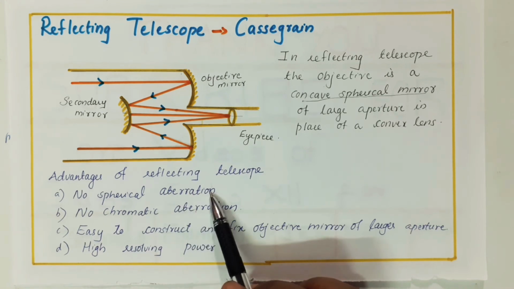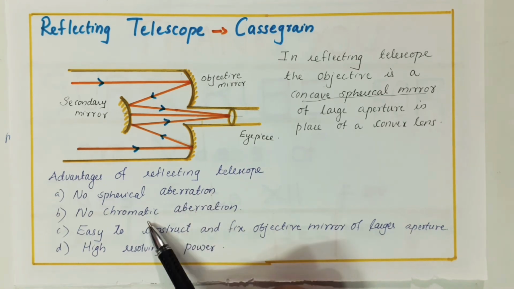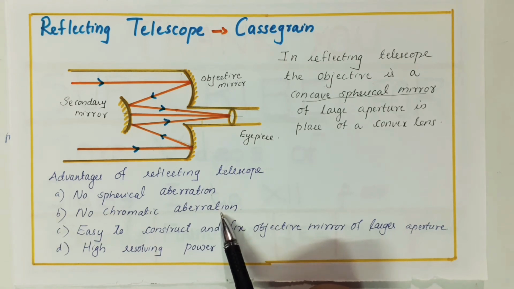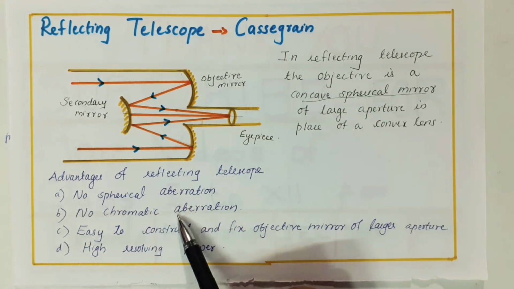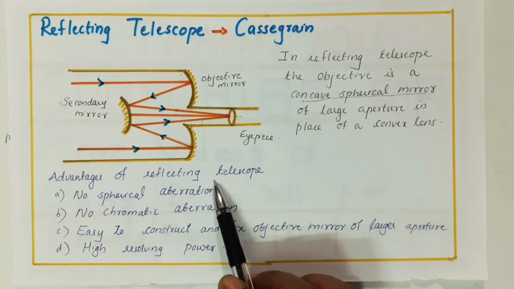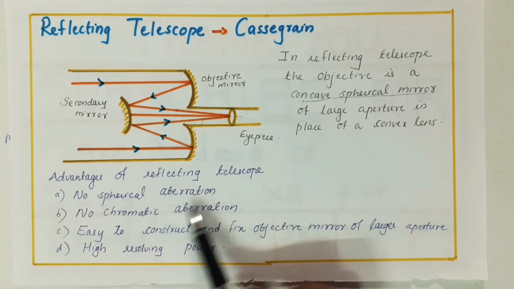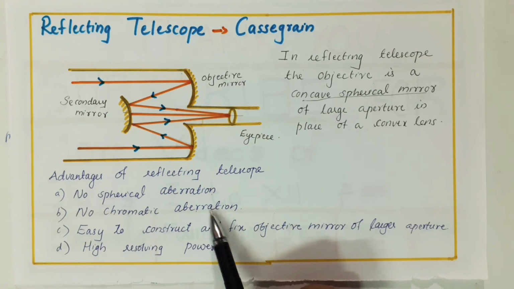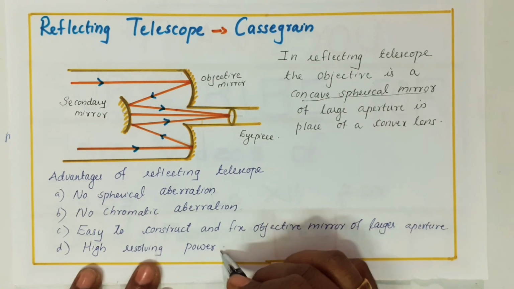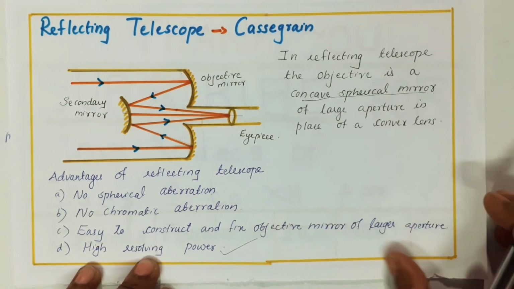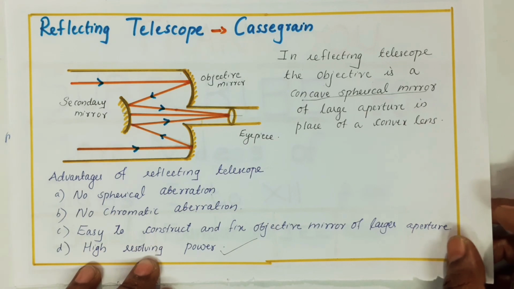So spherical aberration is due to the sphericity defect and chromatic aberration is due to the color or wavelength. These two defects are not there in a mirror. So with a reflecting telescope there is no spherical or chromatic aberration, it is easy to construct and fix an objective mirror of large aperture, and it has a high resolving power. So we can use a reflecting telescope.